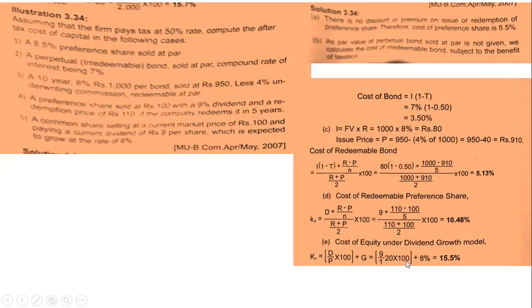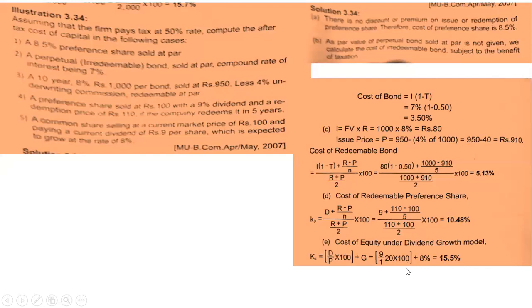If we do the calculation of nine divided by 100, we'll be getting 9.